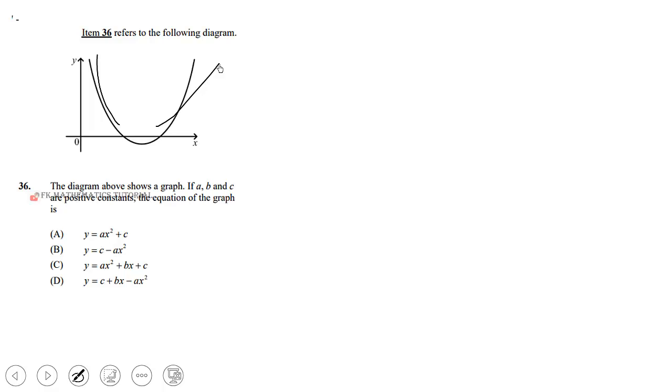So it can either be A or C. But because the graph is not hanging in the air, like something like this, it can't be A. So it can only be C. Because with C, the graph has to cut the x-axis because it's not hanging in the air, as you can see.